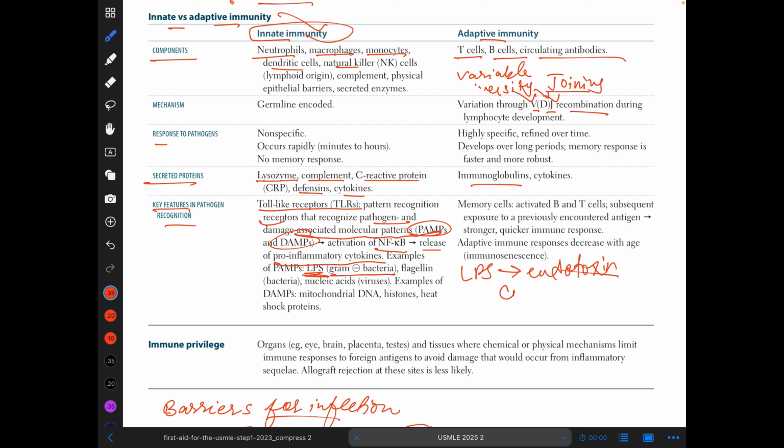It binds with CD14 on macrophages, and it will trigger toll-like receptor 4, and then initiate interleukin 1, 6, 8 and tumor necrosis factor. Understand? And similarly, we have flagellin and also peptidoglycan.